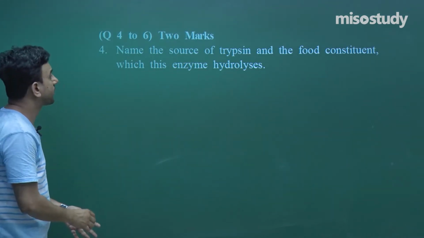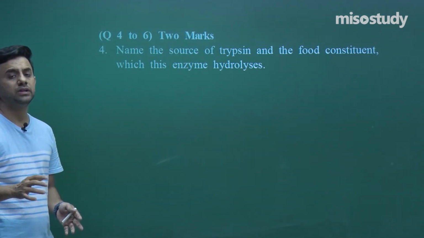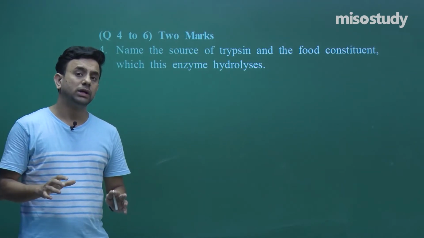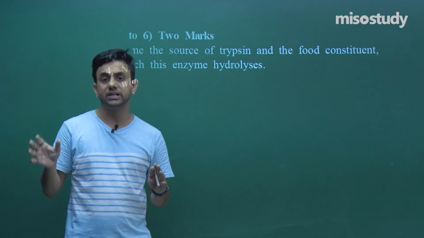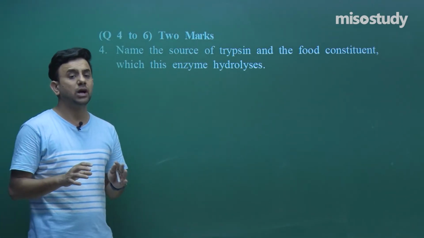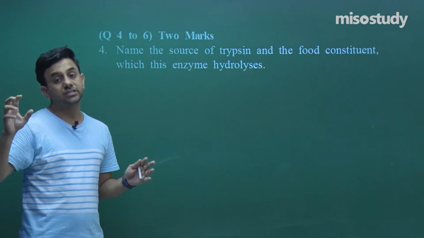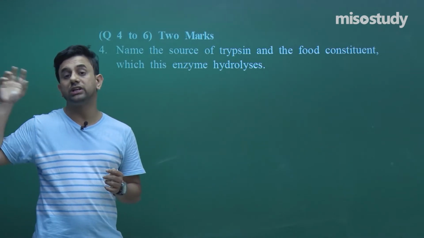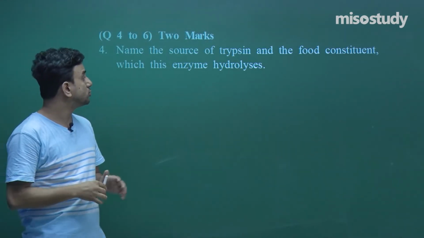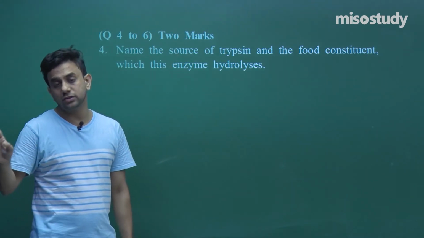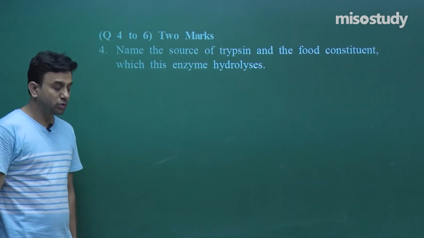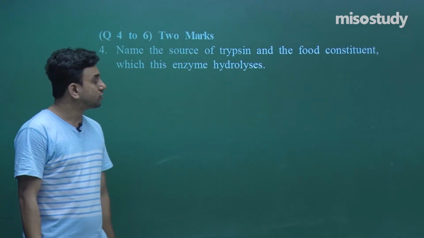Absolutely right. See, the pancreatic juice, as you have already been told, is present in the intestine along with the intestinal juice. The intestinal juice has the terminal enzymes which break the components into monomers.